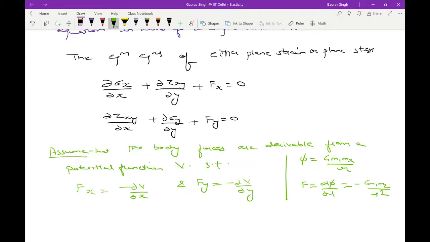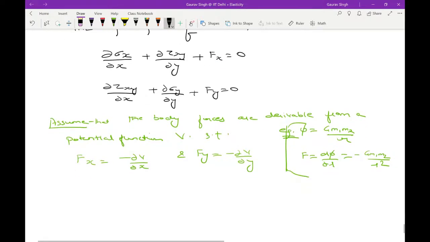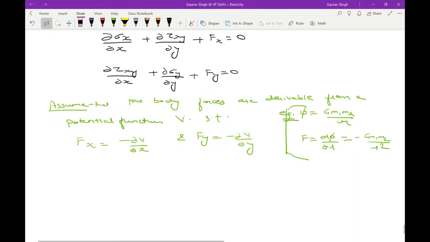So to assume that a body force is derivable from a potential function is not restrictive. Like the force of gravity, as we have seen, is an example where the body force is actually derivable from a potential function. Hence we have taken this minus sign for our convenience, though plus or minus is just a play of sign convention.